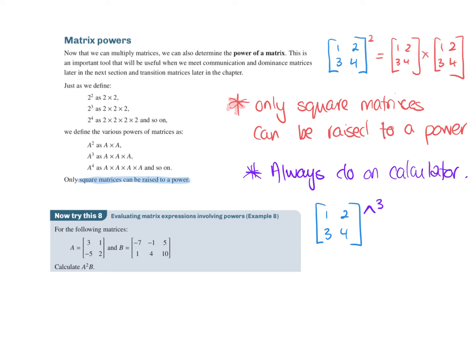So down here in this example, when they ask you to calculate, they told me what A is and they told me what B is. So into our calculator, you're going to type in the A matrix and raise it to the power. Then you press times and type in the B matrix.